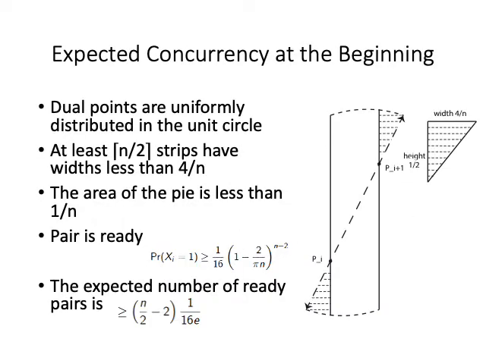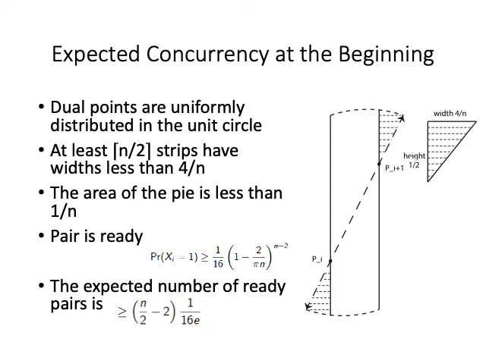We are ready to calculate the expected concurrency at the beginning of topological sweep. We generate the arrangement by the dual points. The dual points are uniformly distributed in the unit circle. We sort the points by their x-coordinates.